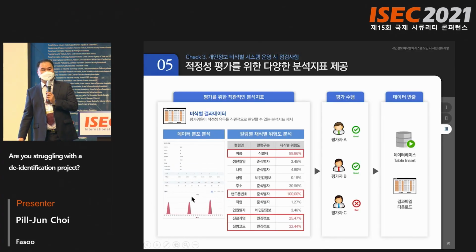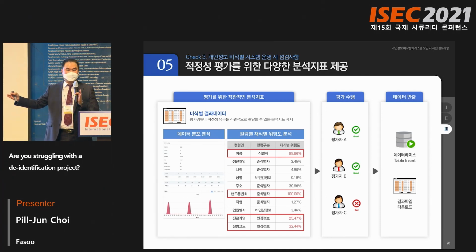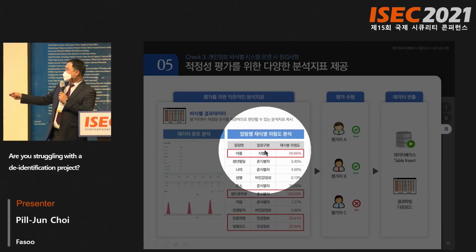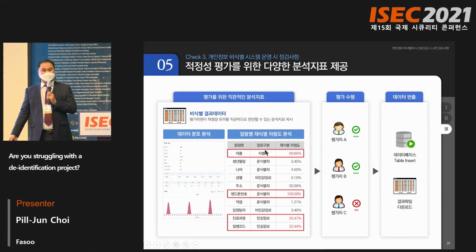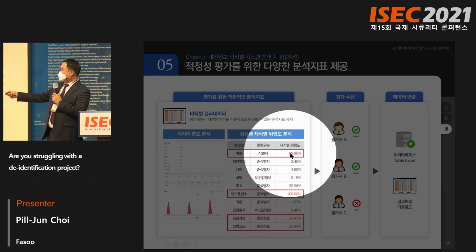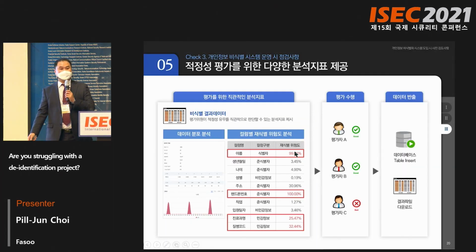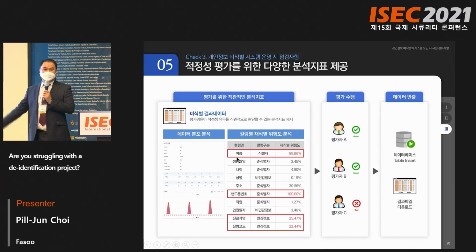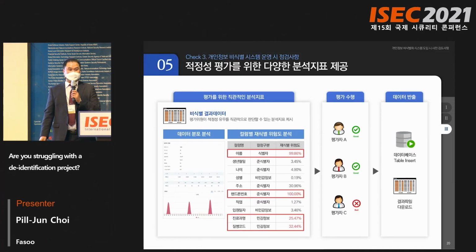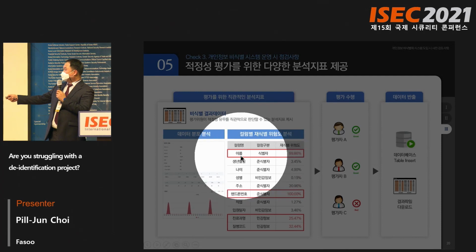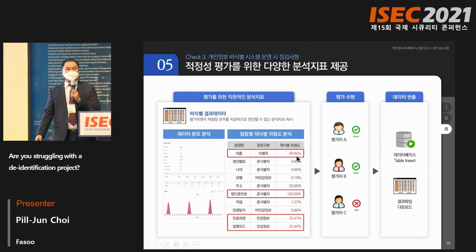Data distribution analysis is the first data. You provide a chart with the standard deviation, and the top 1% and bottom 1% data have to be considered. And you analyze the re-identification possibility by column. If an assessor reviews the risk, this name has a 99.86% re-identification possibility. It means that names haven't been really processed into pseudonymous data.